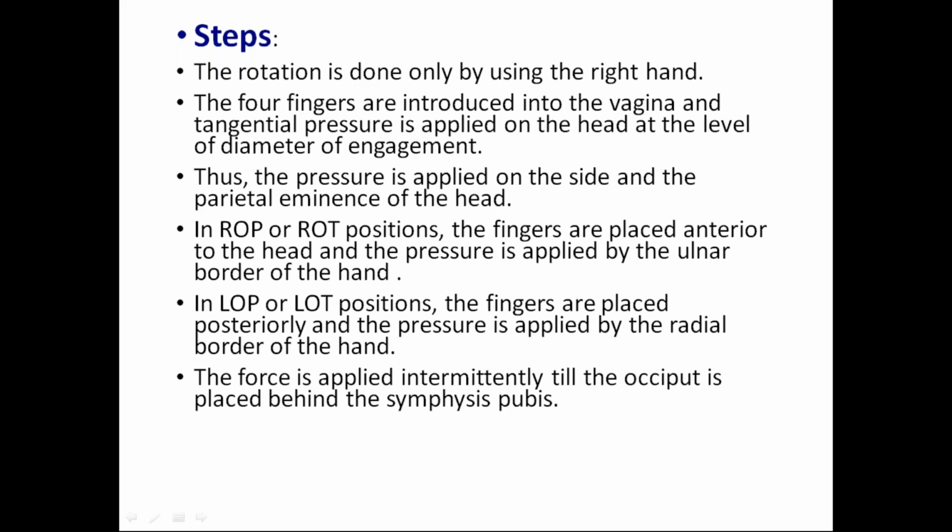One is the radial border, the other one is for ROP, right occiput posterior, where it has to be right ulnar. If it is the left posterior position, it has to be radial.